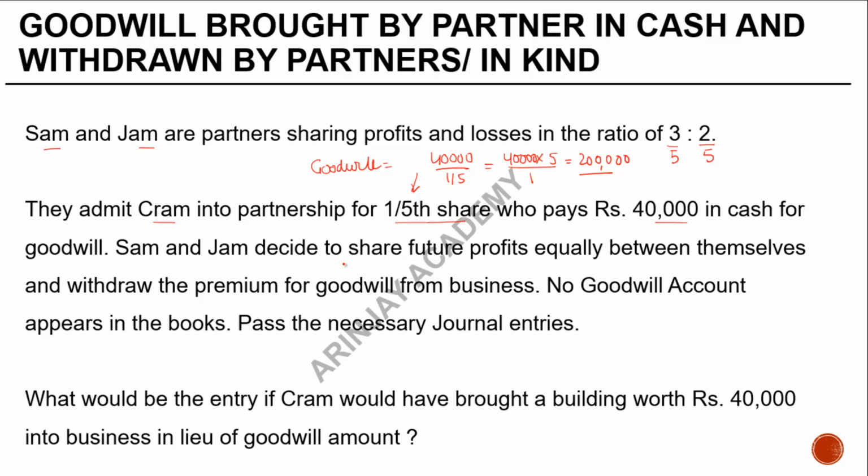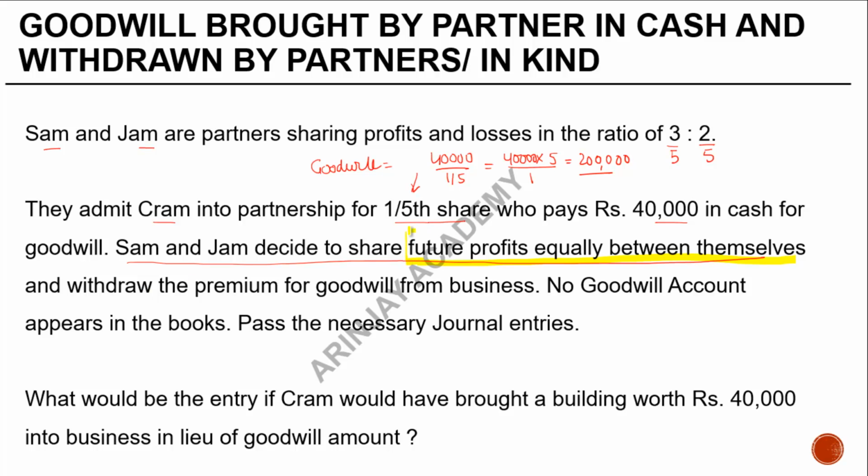Sam and Jam decide to share future profits equally between themselves and withdraw the premium from goodwill from business. Now, this is the catch of this entire question. Let me use a highlighter to highlight this. Sam and Jam decide to share future profits equally between themselves.